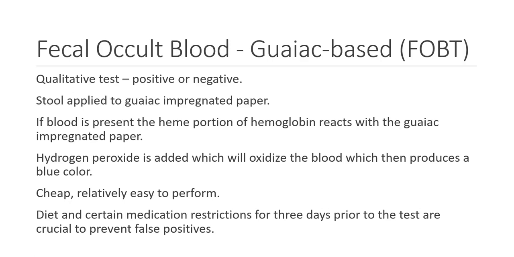You have to not take aspirin for 3 days or those types of medications because those are known to cause bleeding in the stomach. So there are a lot of diet restrictions, and this is where it's crucially important that you give the patient written and verbal instructions so that we can get an accurate test. Because if a false positive does occur, what's the next step? A colonoscopy, and those aren't cheap.